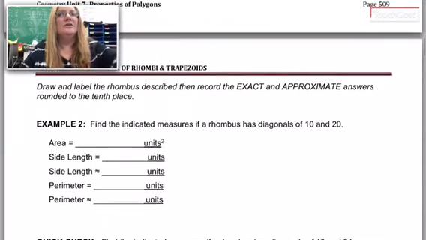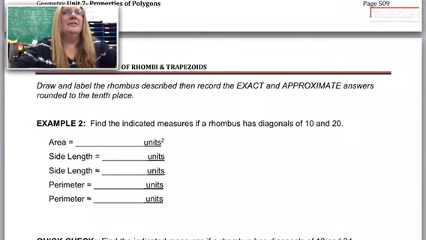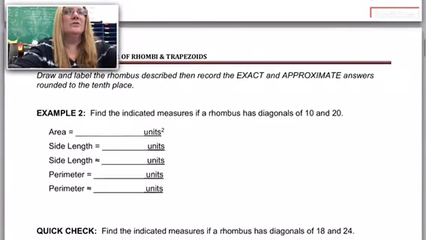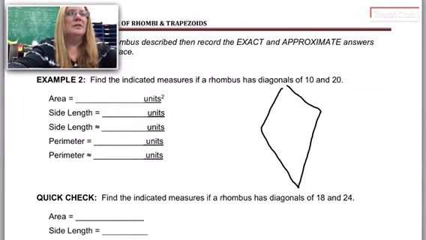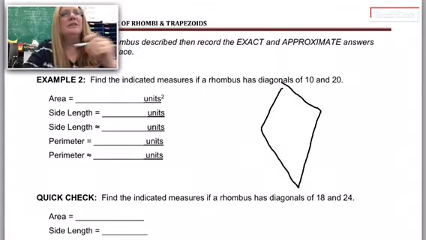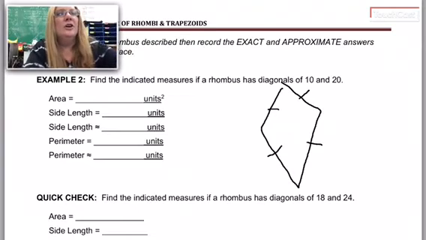All right, so here, draw and label the rhombus described, then record. So here they don't give us a picture, and don't worry so much if your pictures aren't perfect, because my pictures are never very perfect. Okay, something like that. That looks more like a kite, but let's pretend that all the sides are the same. And one has a diagonal of 10 and the other 20.